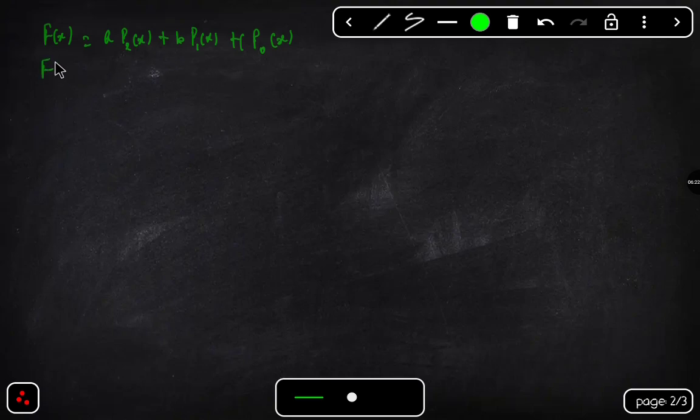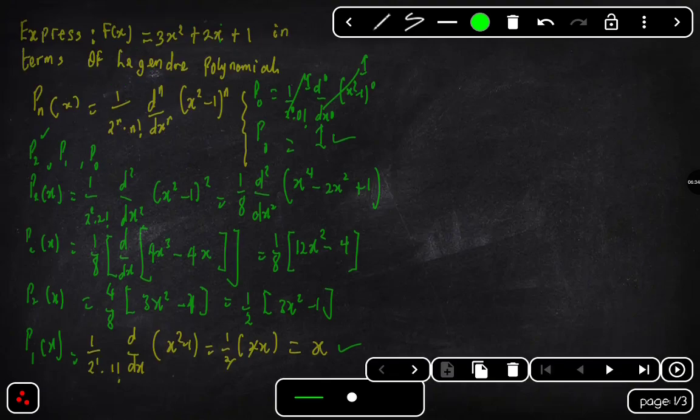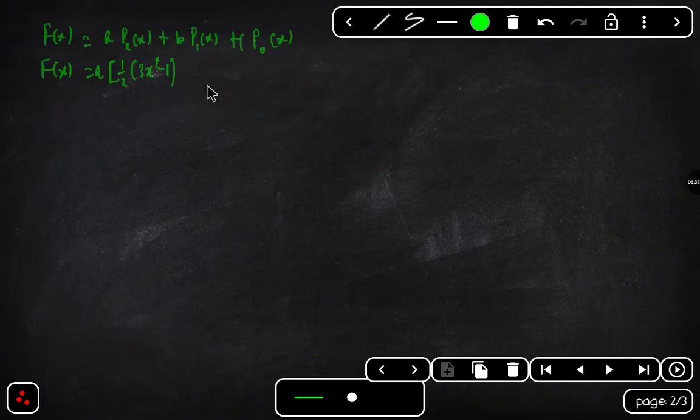Now f of x will be equal to a times P2 of x, which is 1 over 2 into bracket 3x squared minus 1. Let's check, is that what we got? Yeah, that's good. So plus b into bracket P1 of x, we got x for that, and then P0 of x, we got 1 for that.